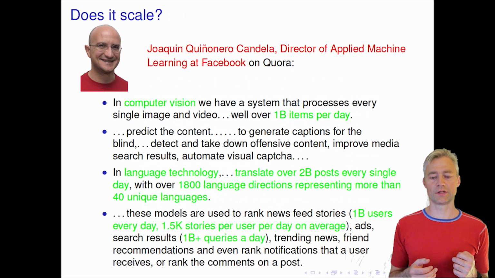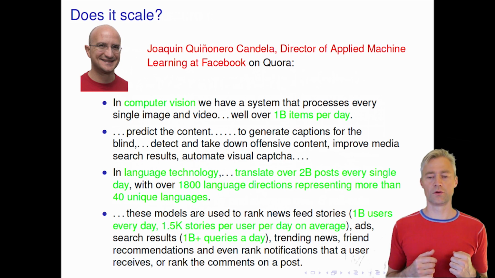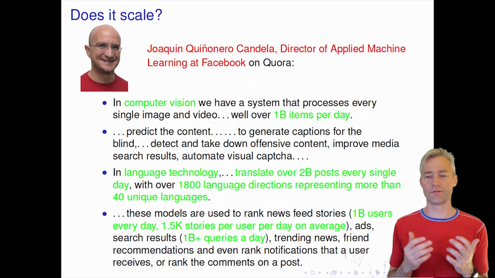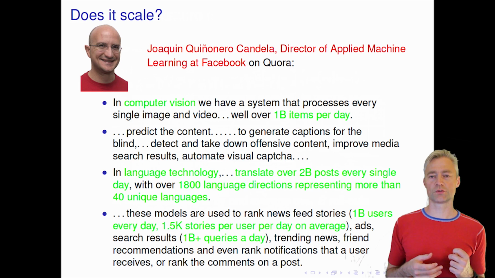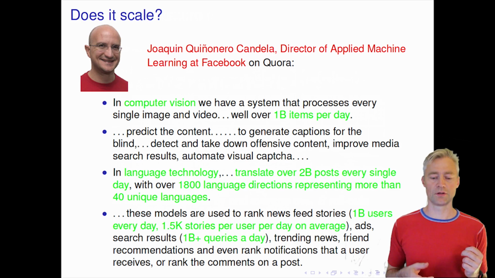You can also see Joaquin likes these 1B, 2B, and so on shorthands to give an impression of the scale. Also in language technology, they translate 2 billion posts every single day, and they translate automatically between 40 different languages, so that gives like 1800 different language directions that they apply.